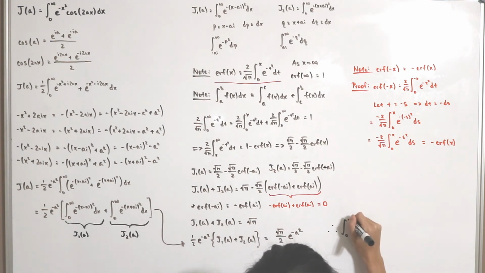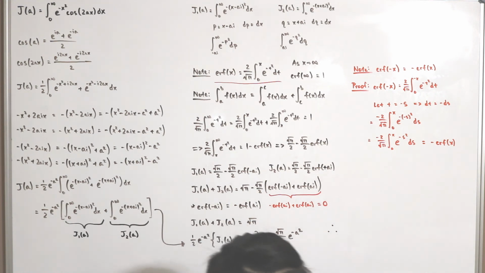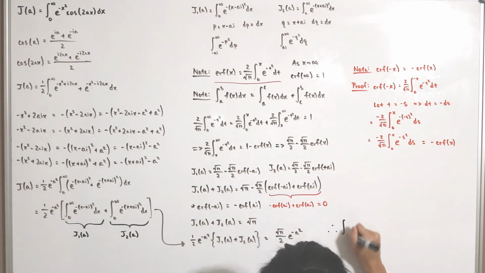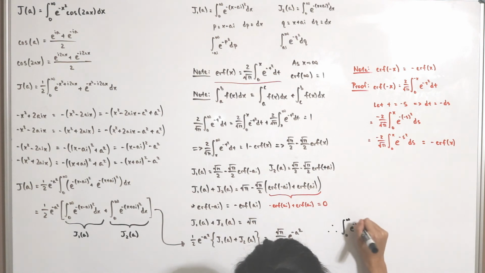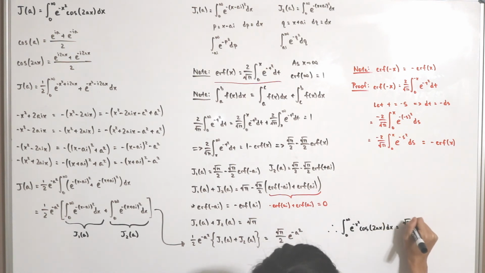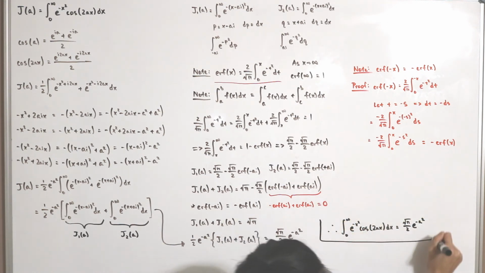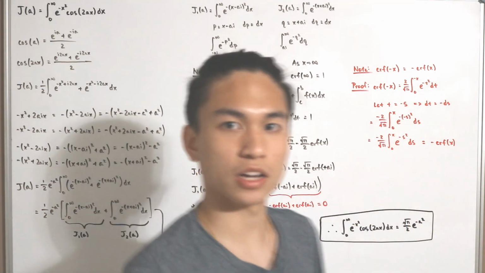It looks a little crooked, so let me rewrite that. So our integral from 0 to infinity of e to the negative x squared cosine of 2ax dx is equal to the square root of pi divided by 2 multiplied by e to the negative a squared, like so. Ooh, nice, that's pretty cool right there.